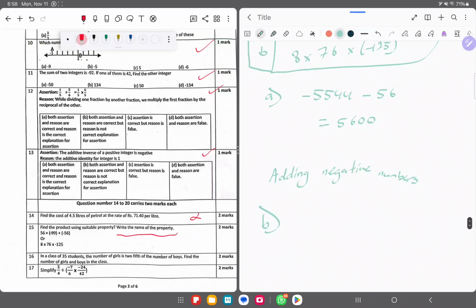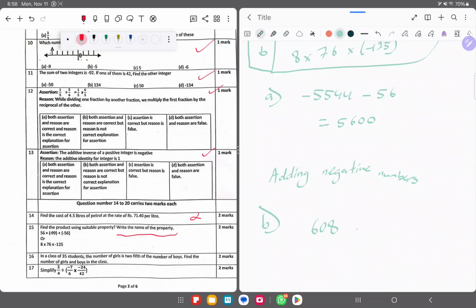Okay, now B. I'm doing 8 times 76 times minus 125. Let's do this one first. 8 times 76 is 608.